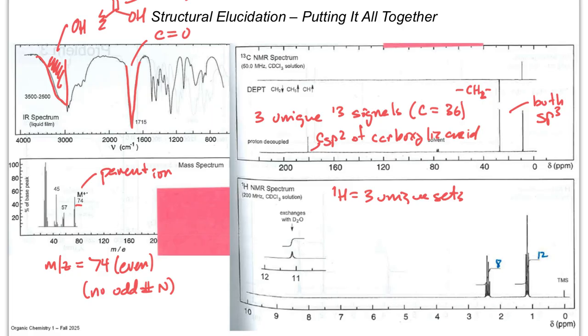So this thing right here at 11 says exchanges with D2O. We already know from the IR there's an OH group. So hydrogens that are attached to heteroatoms will exchange with D2O. So what does that mean?